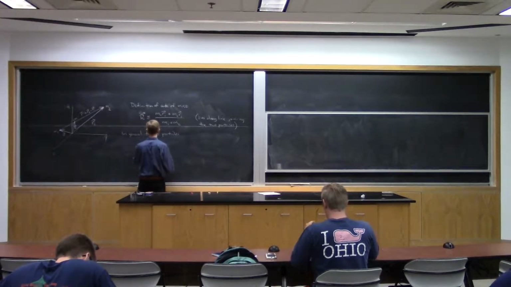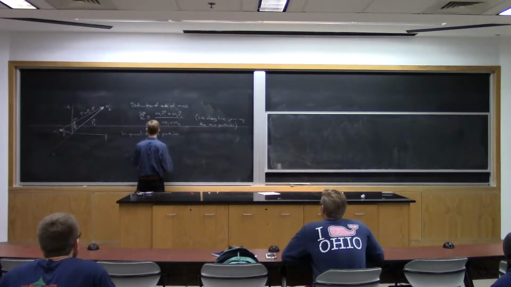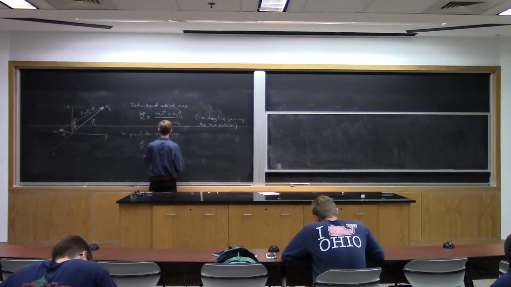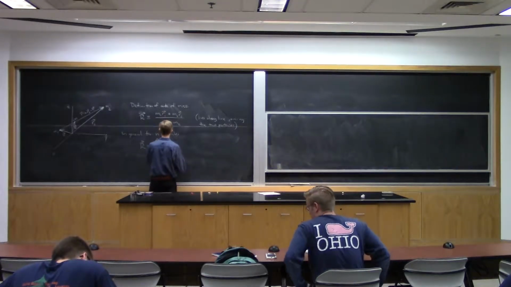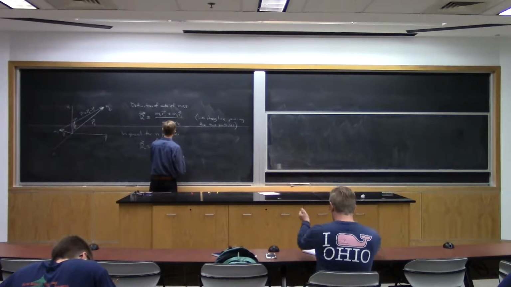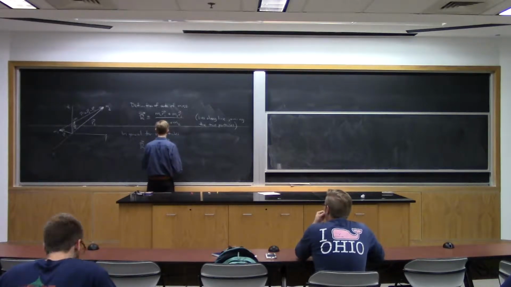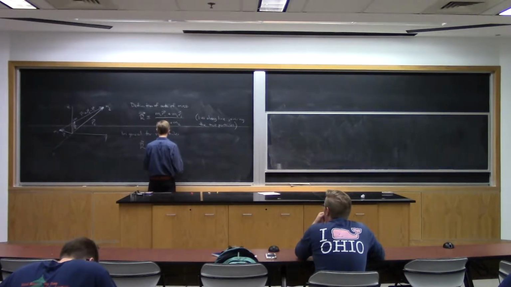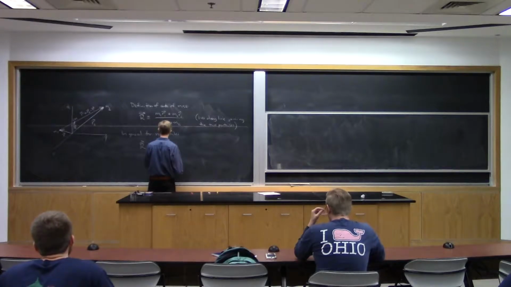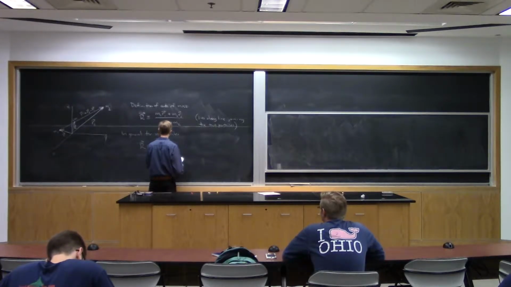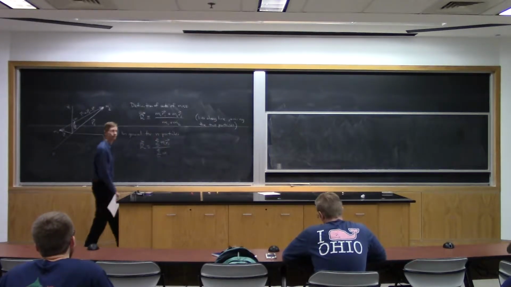So we would have capital R is the sum from i equals 1 to n of miRi, divided by the sum from i equals 1 to n of all the mi's.